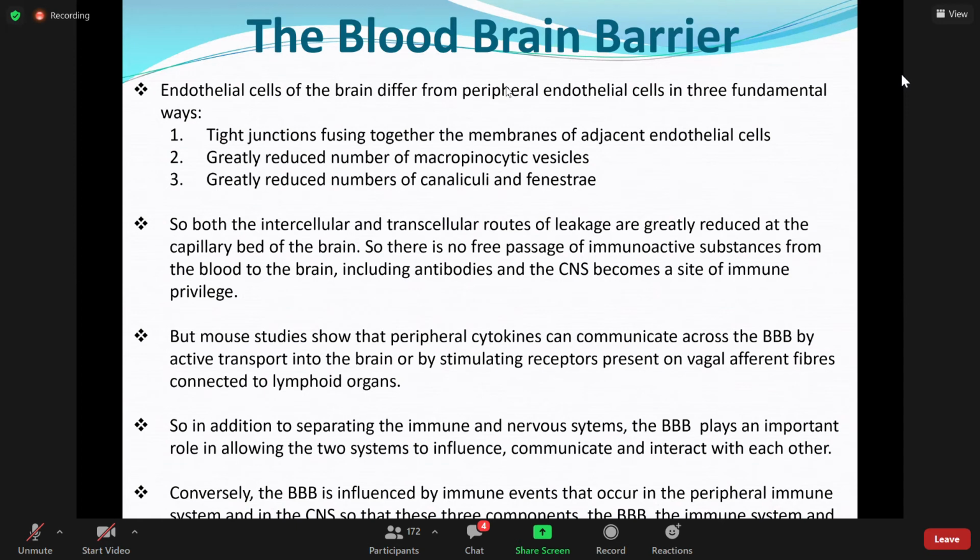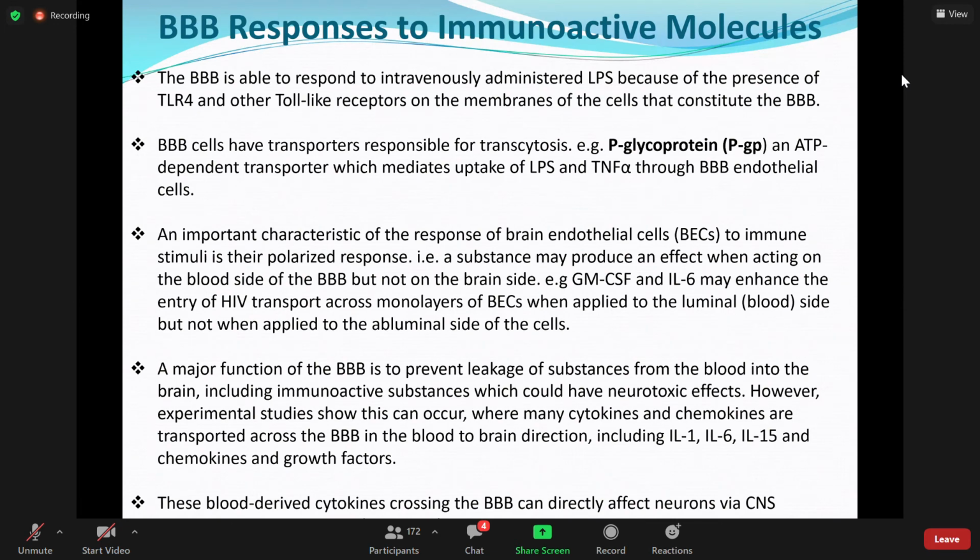This endotoxin can then pass through the endothelium of the blood-brain barrier into the brain parenchyma via transcytosis through the endothelial cells. When inflammatory cytokines do breach the blood-brain barrier to enter the brain parenchyma, they can have neurotoxic effects.